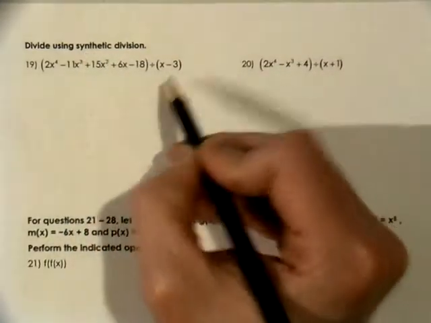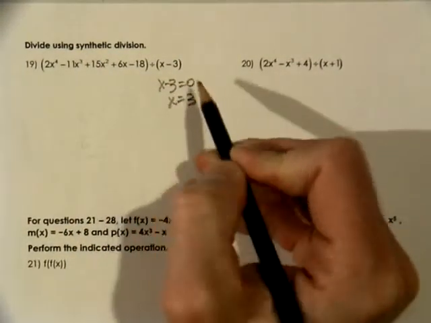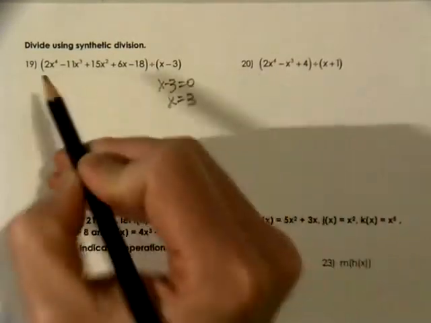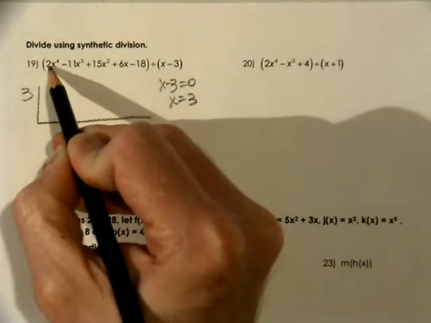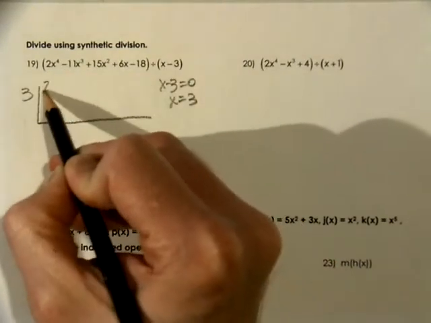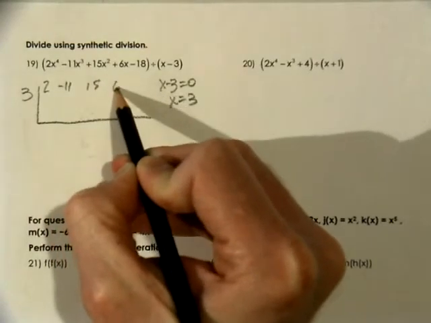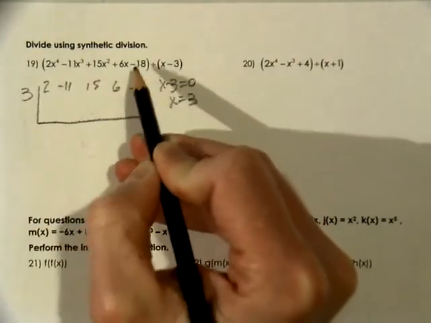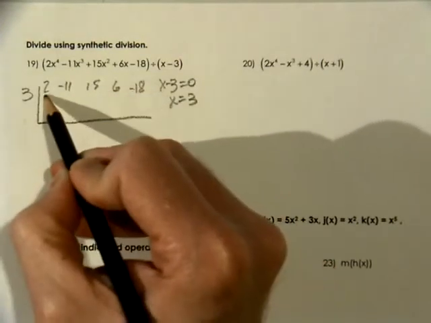So if we're going to do synthetic division, we have to figure out what our zero of the function is. And we put down our coefficients. If one term wasn't displayed, we'd have to put a 0 in its spot.